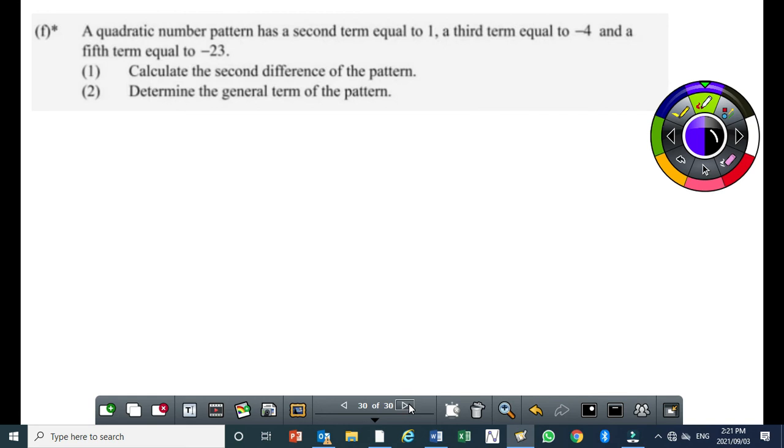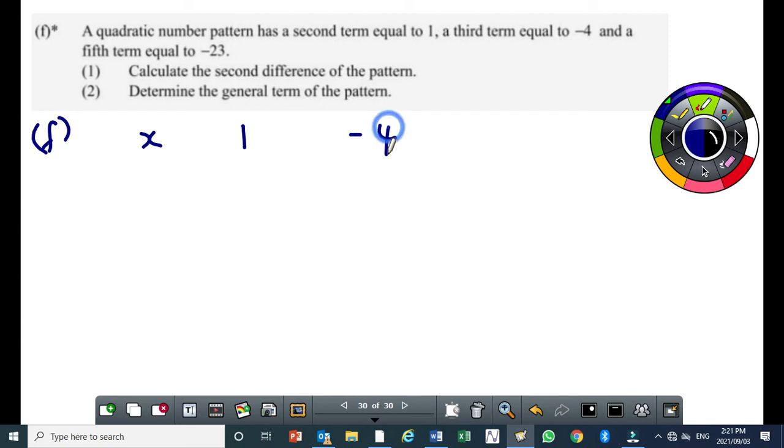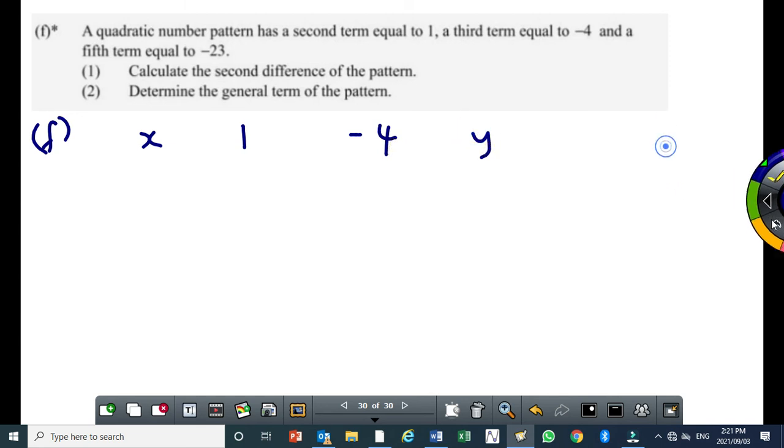This one here. Okay. All right, a quadratic pattern has got a second term equal to 1. So let's say the first term is x, the second is 1, and the third term equal to minus 4, right? And the fifth term, so I can have y here, and then a fifth term which is minus 23.